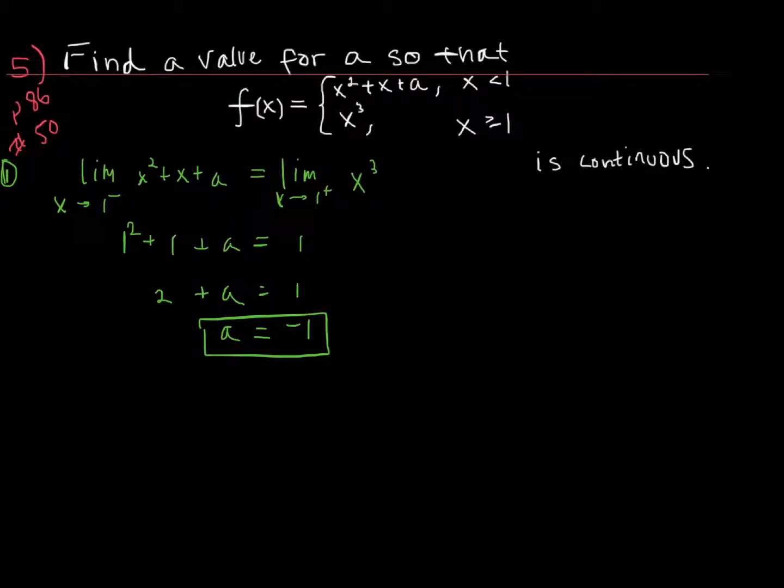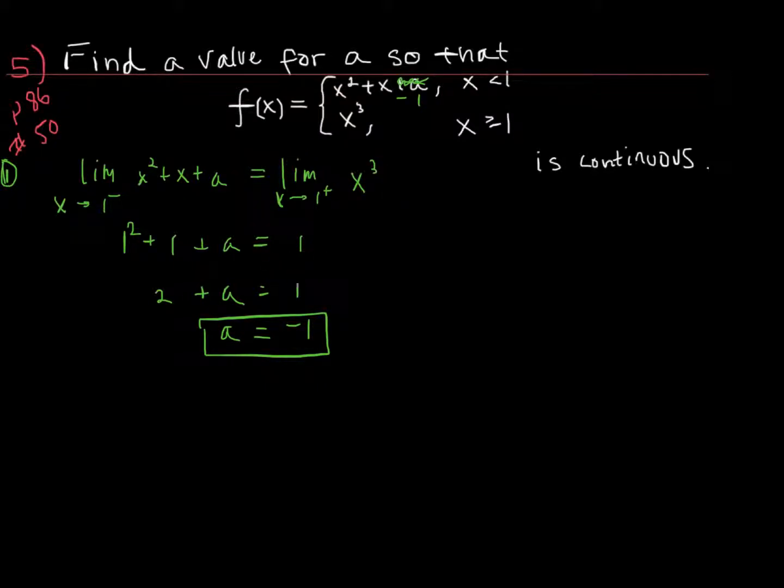Okay, so if a is equal to -1, then this portion becomes -1. And let's just make sure that those are going to be continuous, because the last thing we have to check for continuity is that when we plug in 1, we actually get the same value as the limit. So both limits are equal to 1, right?